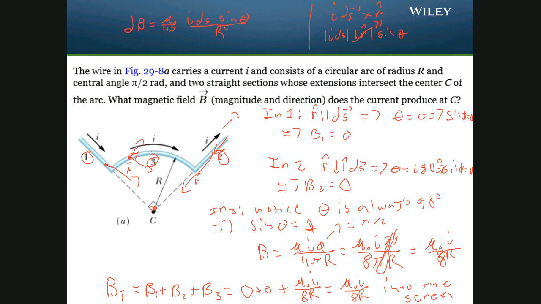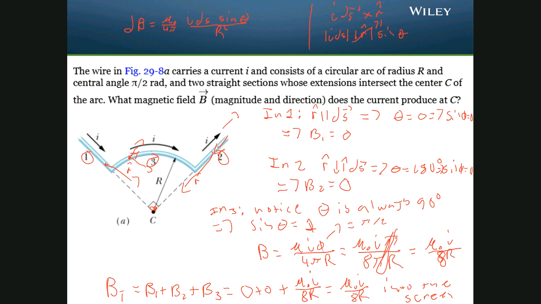But again, the Biot-Savart law gives you only the magnitude. You have to apply the right hand rule to get the direction. If you just put your hand up to the screen naturally, you'll notice that my fingers aren't going the way the current's going.